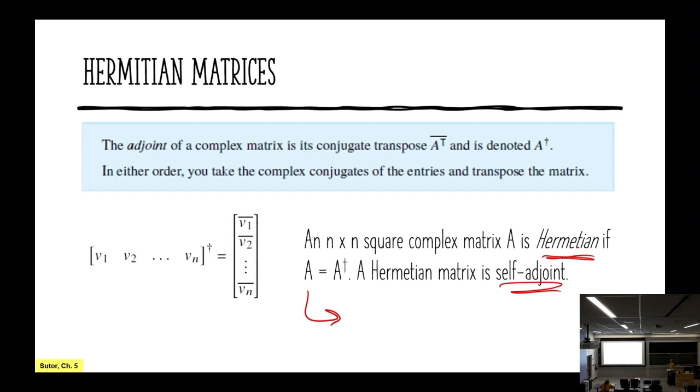You'll hear all of these terms when we start getting into quantum information and quantum mechanics, like our matrices are Hermitian. This is what this means. So Hermitian is basically saying that the matrix is symmetric. Okay. Questions about this so far? Good.